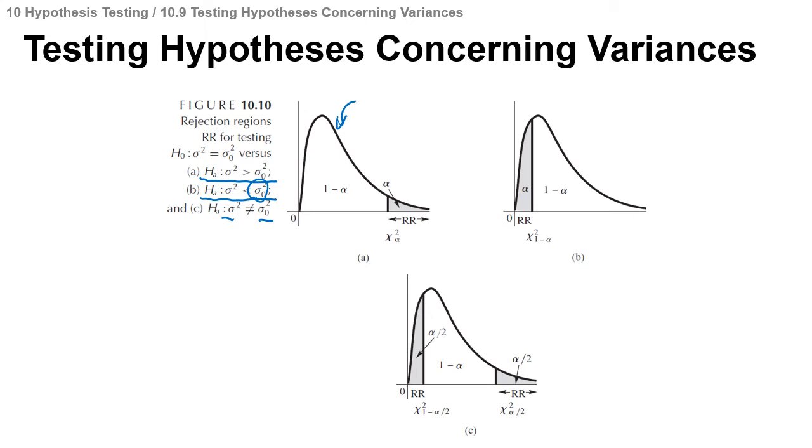So for each of them, you can calculate the related probability. Sometimes this way, sometimes this way, or sometimes for the two-sided case this way. Anyhow, you can calculate the values related to here, and you can make the decision based on your inference.